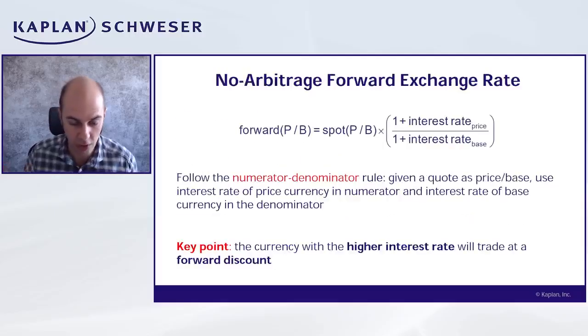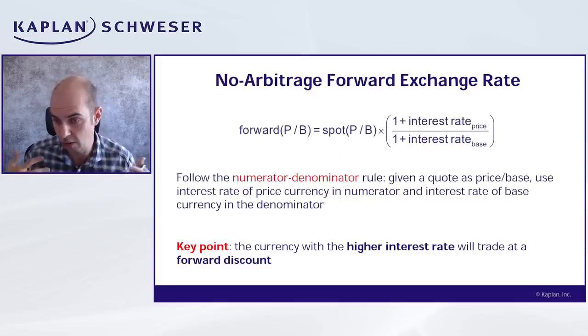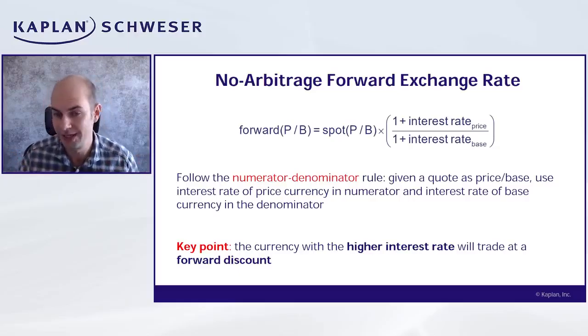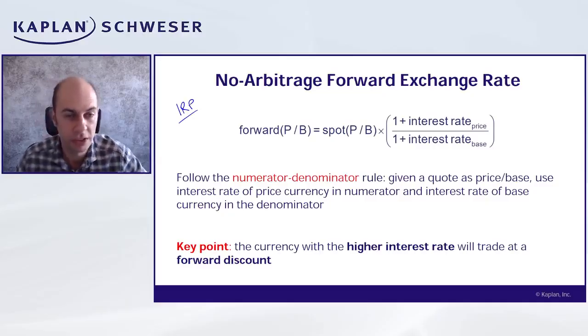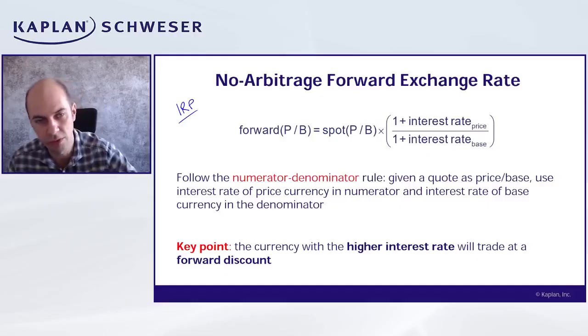Okay, and then the all important, that's probably the most important slide here and the most technical slide here. And obviously that's also something I want you to know, because you're going to be seeing this again at level 2 under the code name covered interest rate parity, or you can just call it interest rate parity. Okay, so here what we are saying is that the forward price, or the arbitrage free or the no arbitrage forward price, which is quoted price over base, so quoted over base, right?